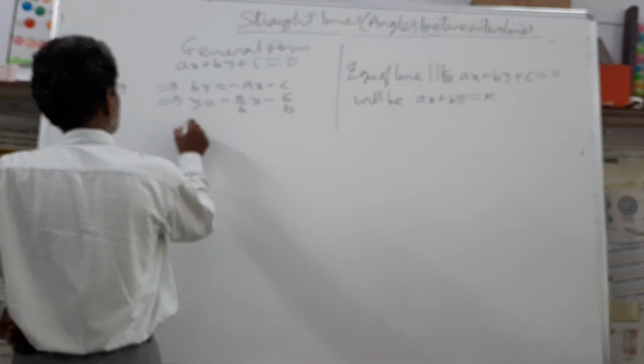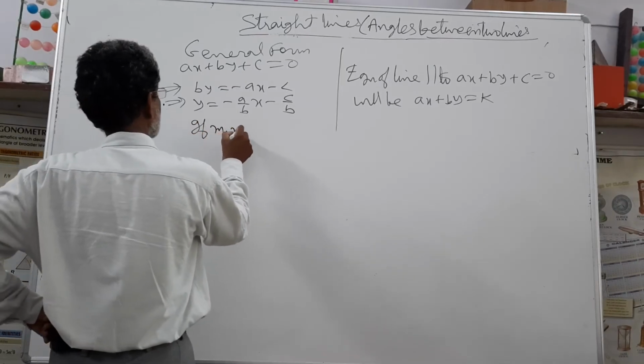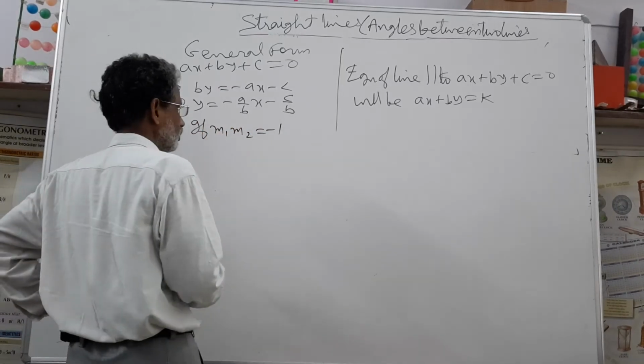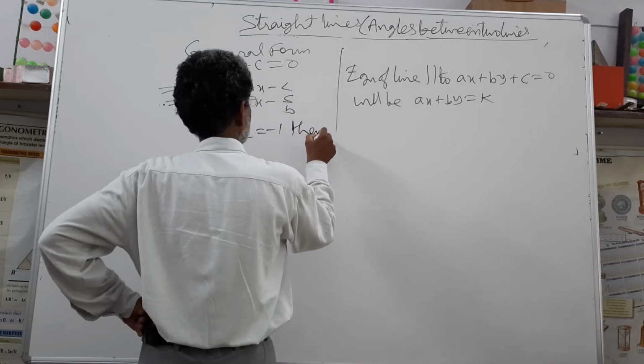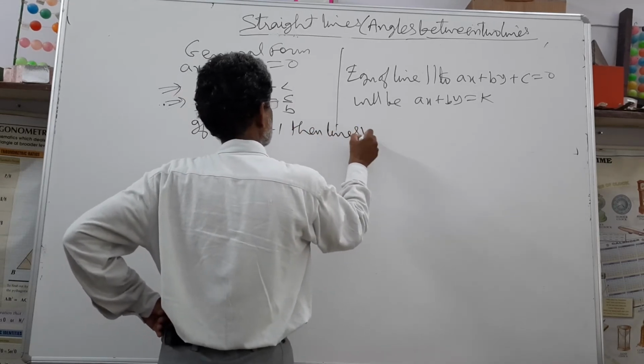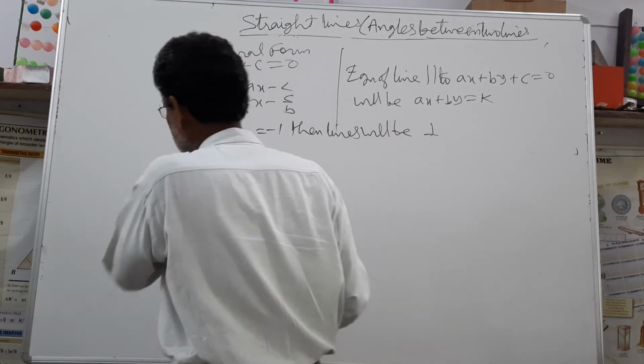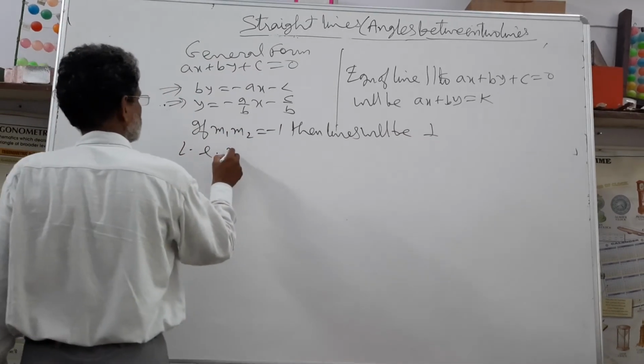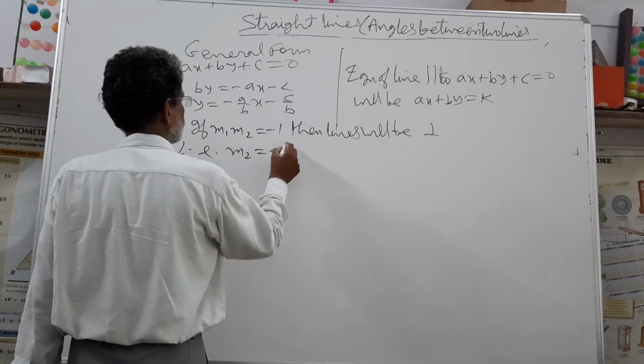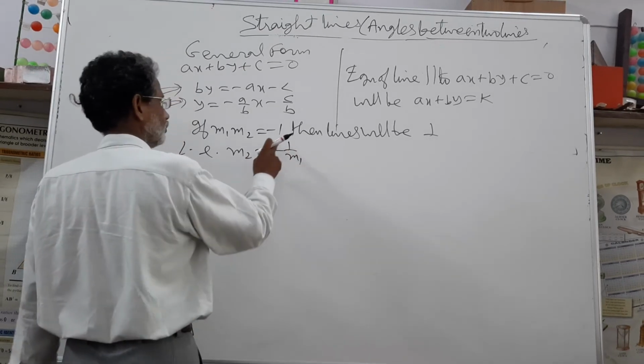As you know, if m1 m2 is equal to -1, then the lines will be perpendicular to each other. That is, m2 is equal to -1 upon m1.